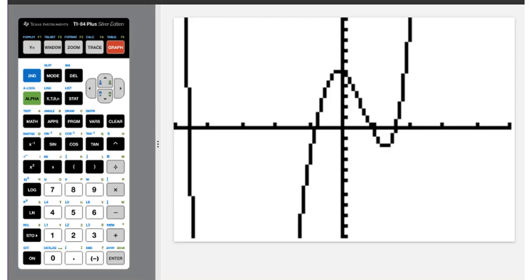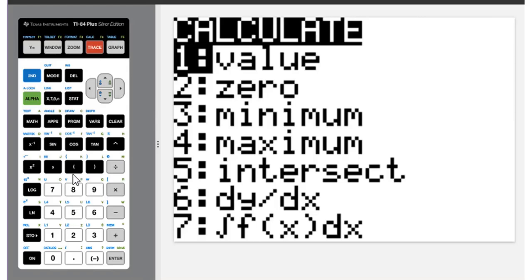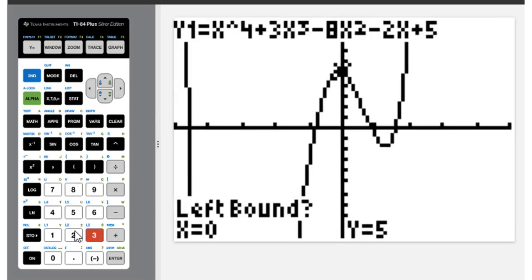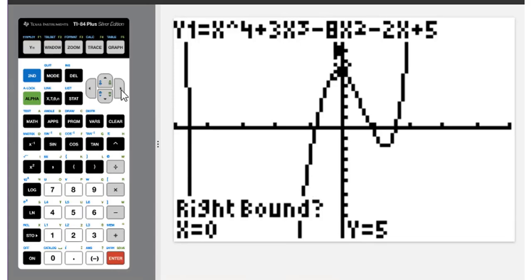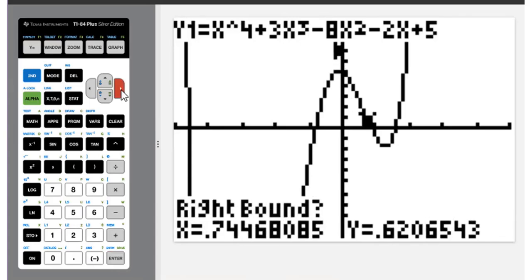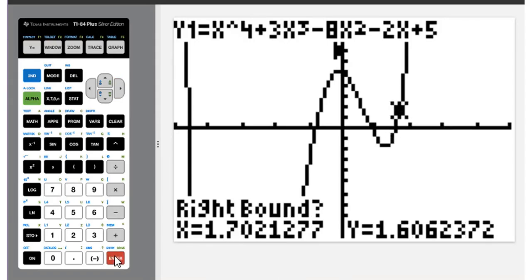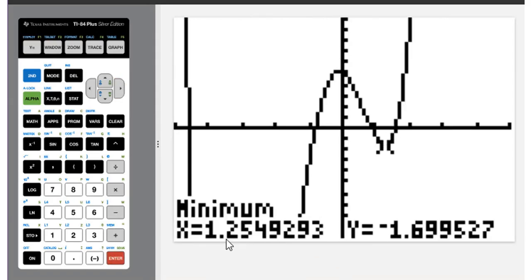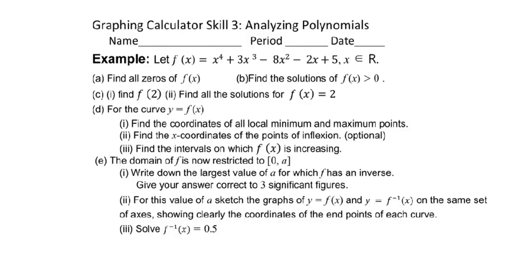Let's get this minimum value. So we do second trace, 3. Left bound 0, right bound move the arrow across this minimum value. Let's do enter, enter. So basically it will be 1.255. That's the a.